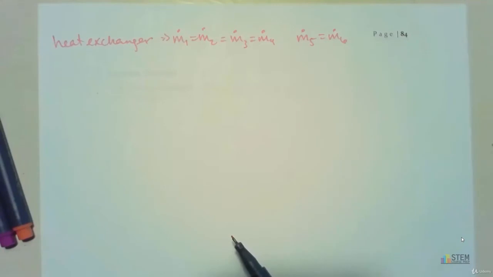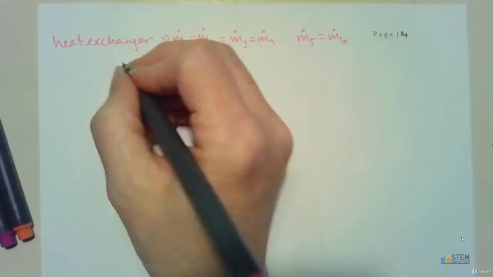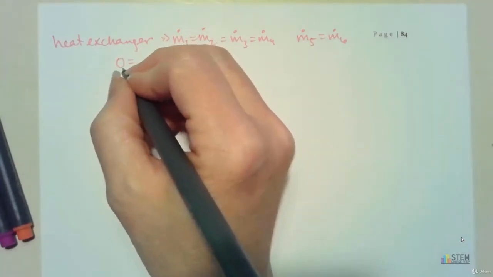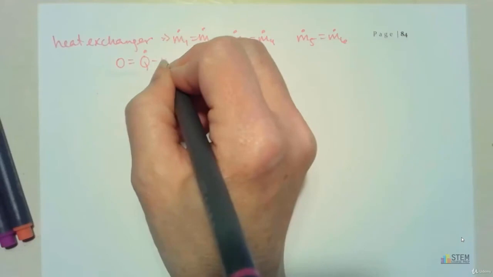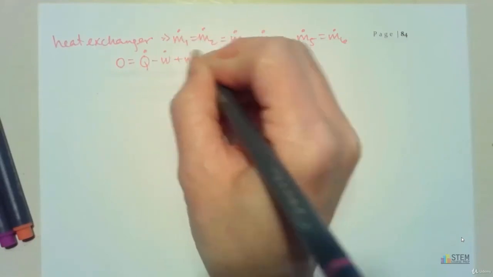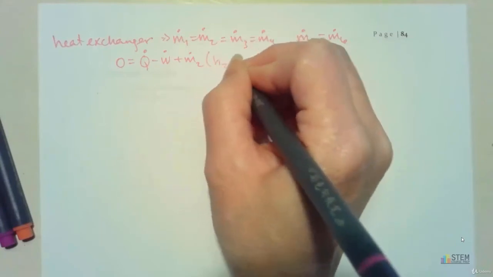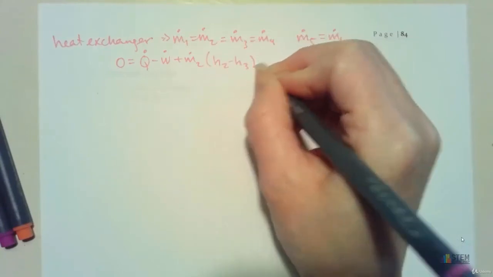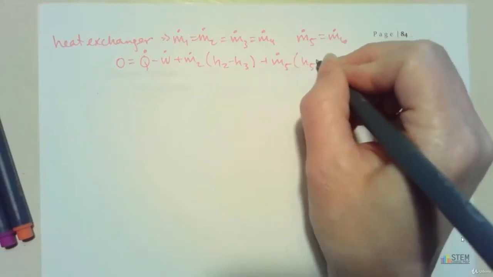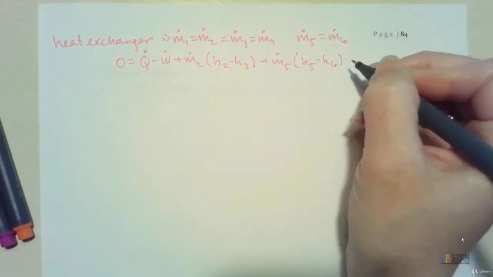Next, we want to write an energy balance equation for the heat exchanger. We're steady state, so we still have 0. That's got to equal Q dot minus W dot plus M2 dot times H2 minus H3 plus M5 dot times H5 minus H6.